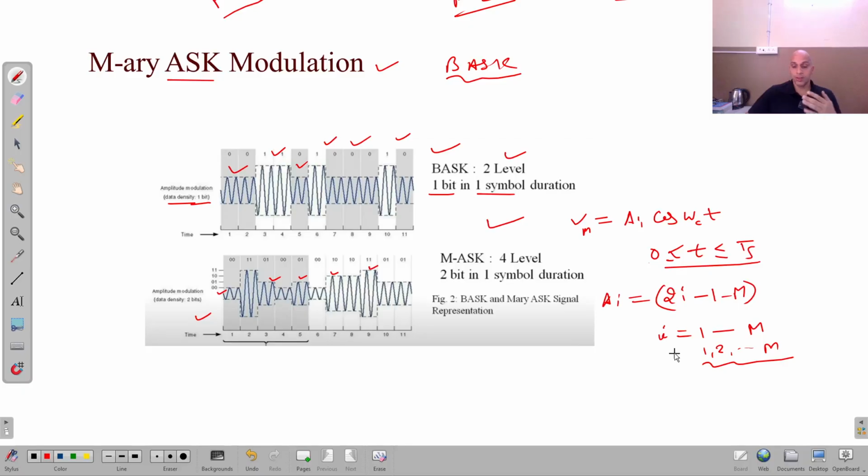Sorry, I forgot to write d here. So this is the value of Ai, which stands for amplitude. So we are using this formula.